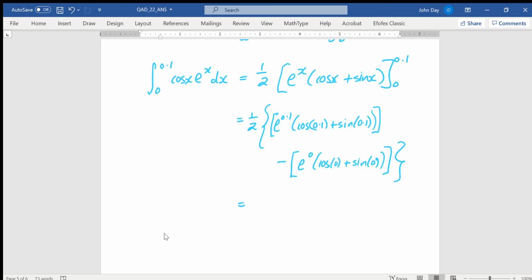Remember to put your calculator into radians when you do that. So mode, what's going on with this calculator? Shift mode 4 on this one.